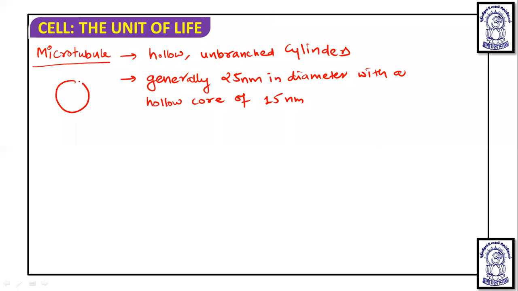Suppose this is the cylinder and this is the top part: the outer diameter is 25 nanometer, but the central hollow is 15 nanometer. In such a way these are found.